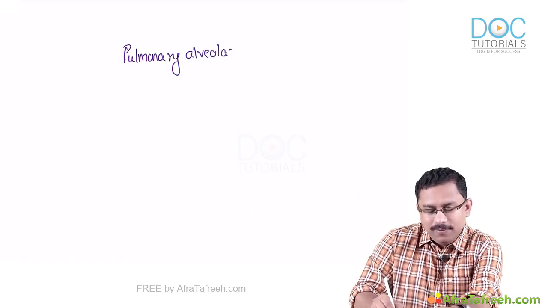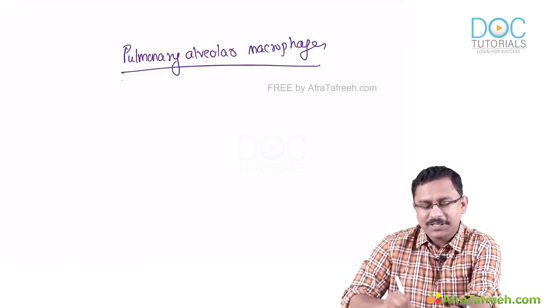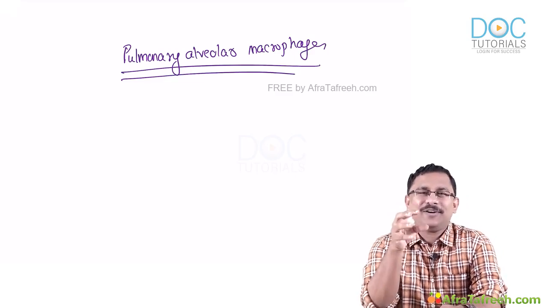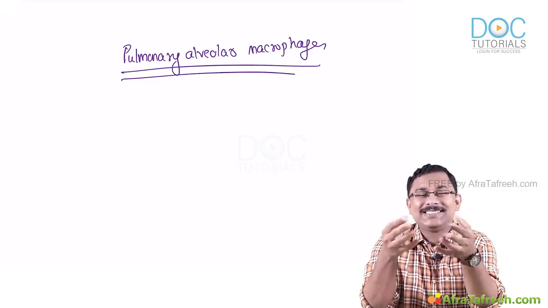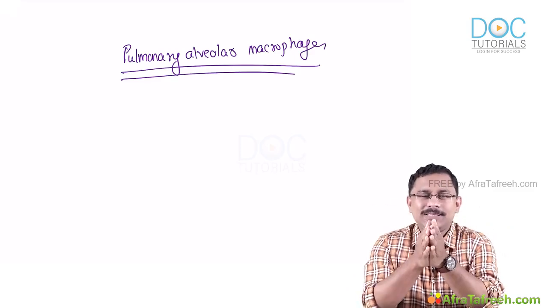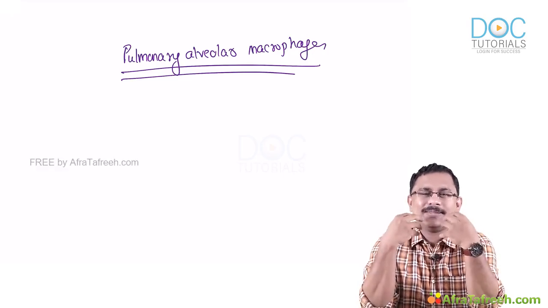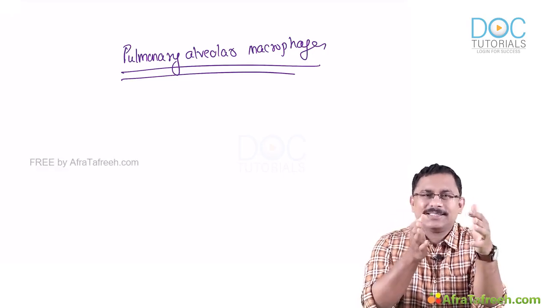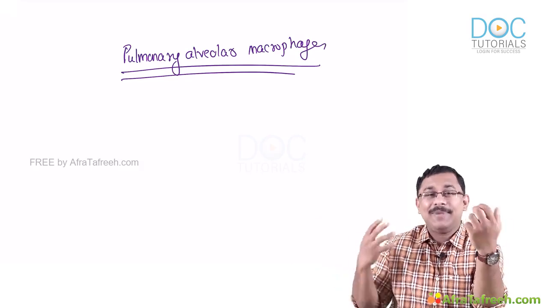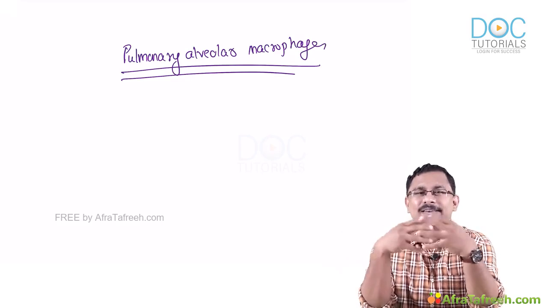These macrophages are very powerful, and they would again assist in killing these harmful organisms. The point I want to tell you is, in a normal scenario, though you have anaerobe colonization, the host defenses, the branched tracheobronchial tree and the macrophages in the alveoli, will protect against infection.